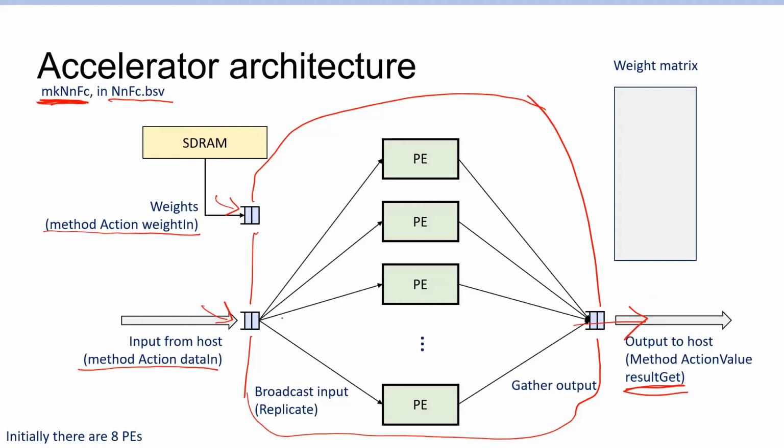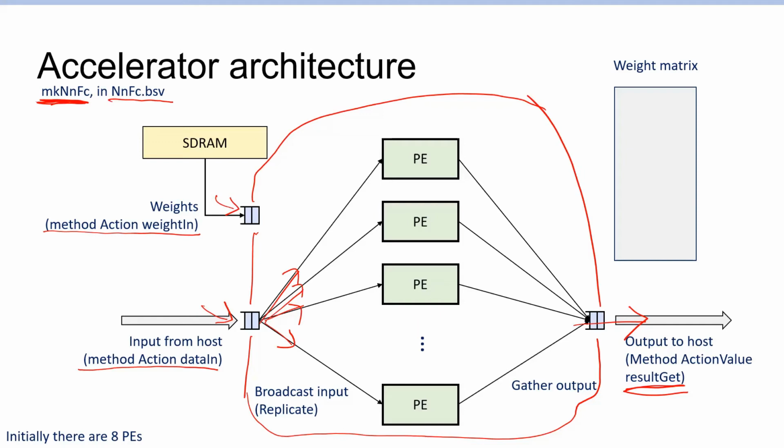If this is a little bit reminiscent of the output stationary, the weight stationary, all these methods of parallelizing neural network computation. But in this implementation that we have right now, the input from the host is broadcast to all PEs in the architecture, kind of like what we talked about in the previous lecture.